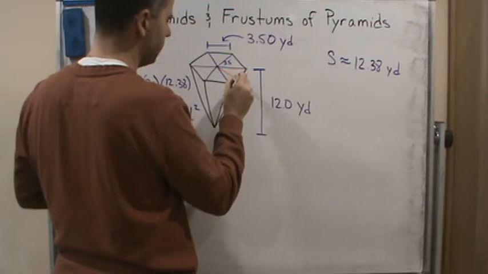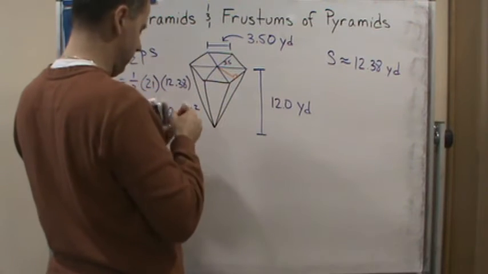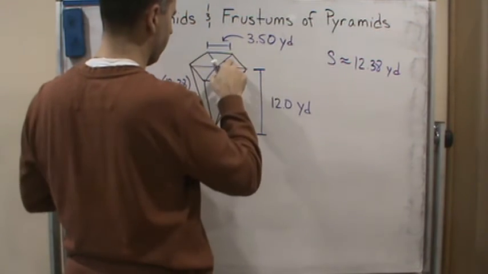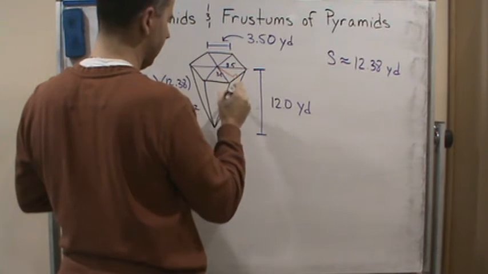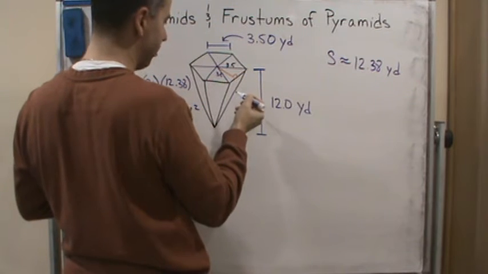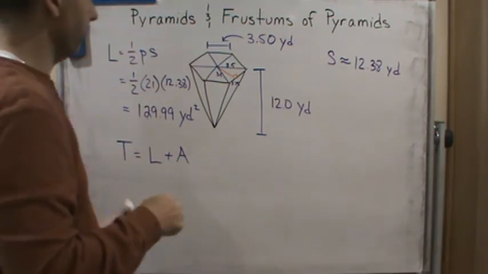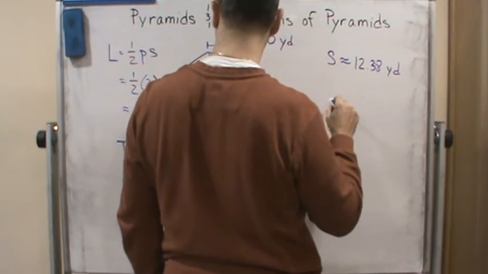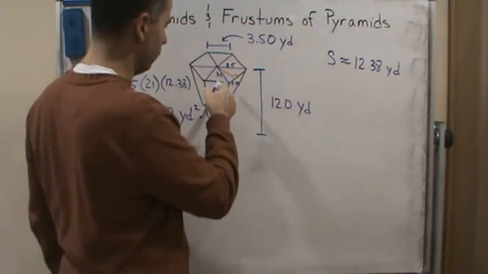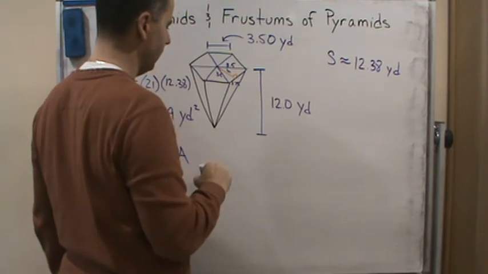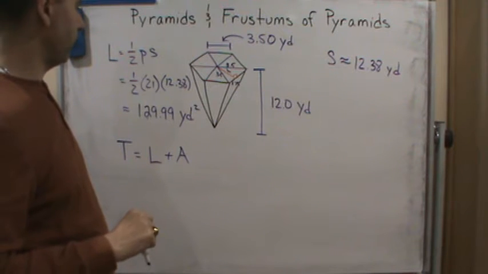If we draw the altitude, then we've got 3.5 and 3.5, and the bottom is going to be half of that, which is 1.75. Then we can use the Pythagorean theorem and solve for the altitude, which is one of the legs. This is going to be the height of that triangle.